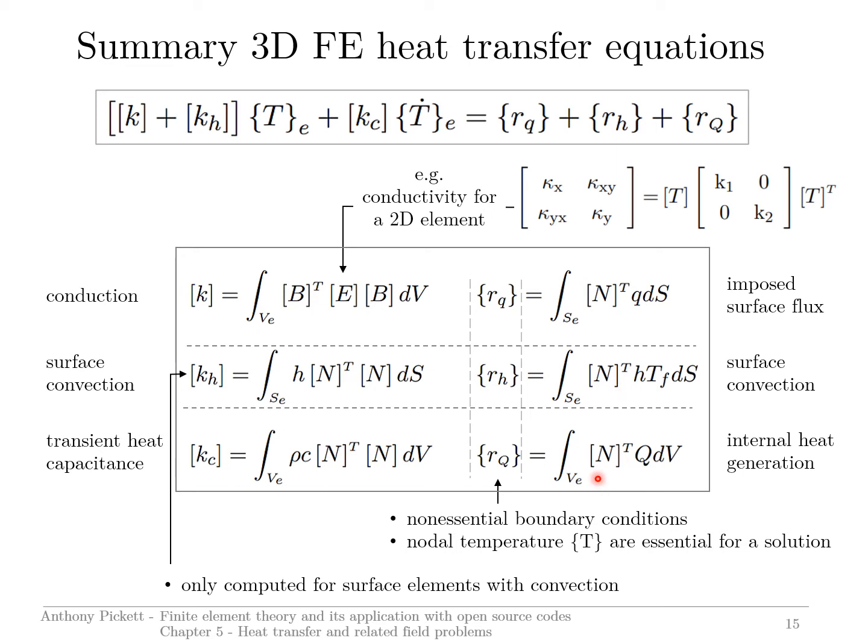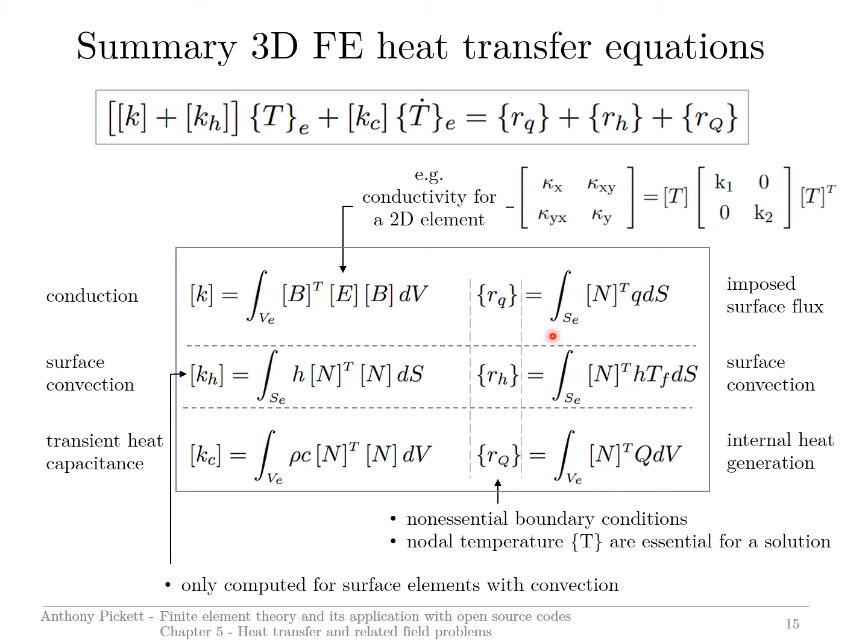And we've already met this vector. This is due to internal heat generation Q. And again, this operation here is basically done over the volume for each element. And the shape functions here convert the internal heat generation to nodal values.